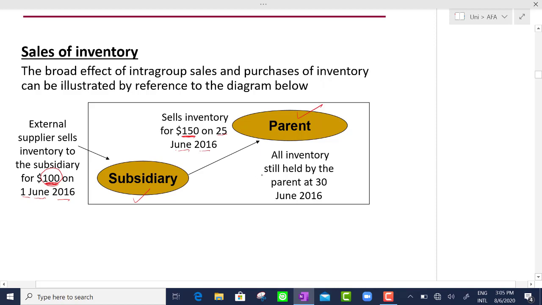The situation says all inventory is still held by the parent at 30th June 2016. Now the inventory value is 150.